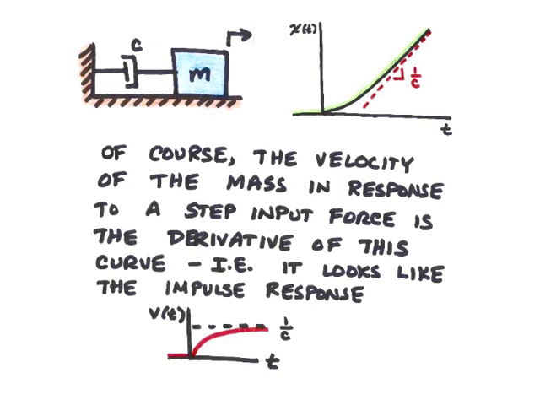It will look like the response of the position of the mass to an impulse. So it's the same graph we saw before, except now the axis is changed. You should carefully look this material over to make sure you understand the relationships between the impulse response, the step response, and the motion and velocity of these mechanical systems.